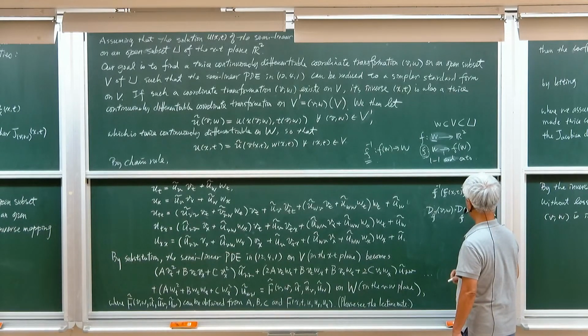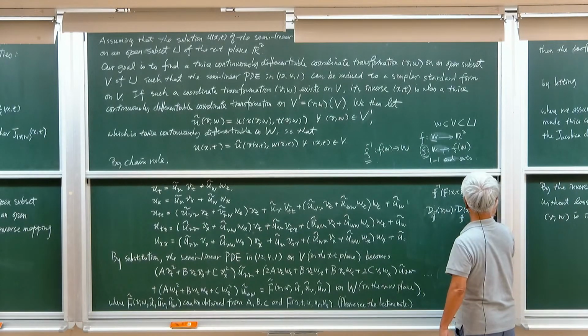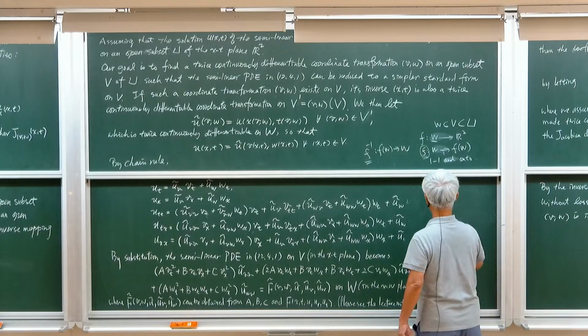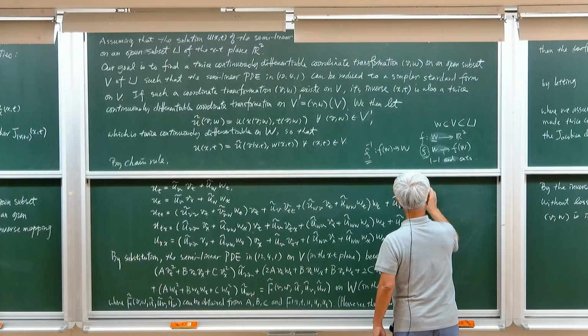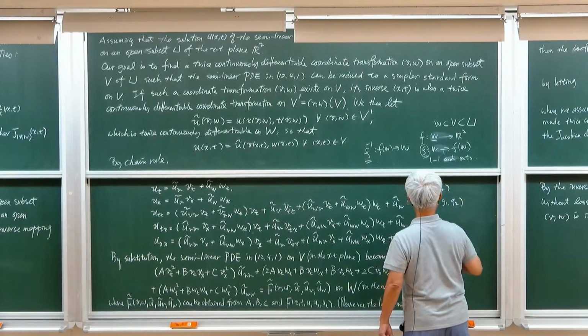So once again, I write here F and the inverse mapping. F has F1, F2, and G is the inverse mapping, so we call them G1 and G2.